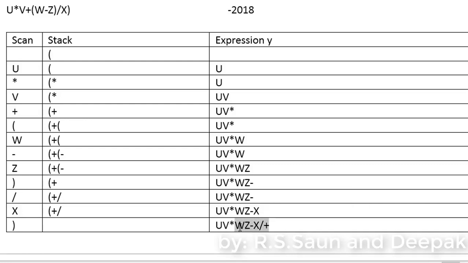After this we have a multiplication. This multiplication gets the preference after calculating this part, so uv multiply should be there. And then we have a plus, which goes to the end of these two terms. So in this way you can cross check it.